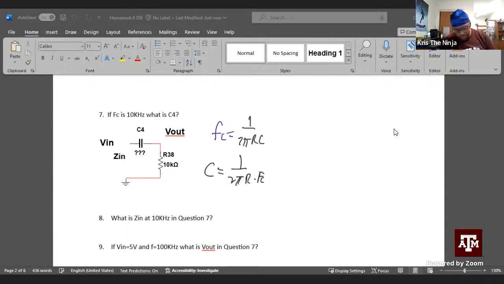So 10 kilo ohms times 10 kilohertz times 2 pi, 1 over that. That answer gives us 1.59 nanofarads. So C equals 1.59 nanofarads.